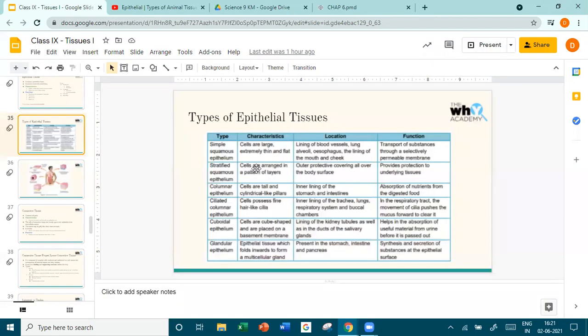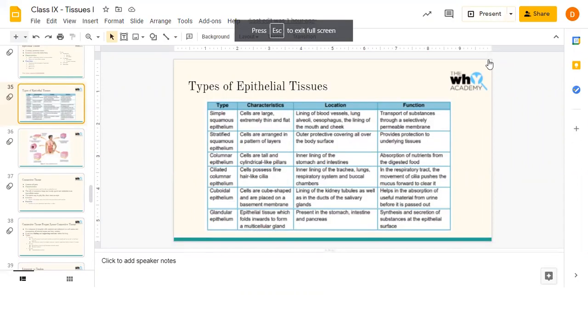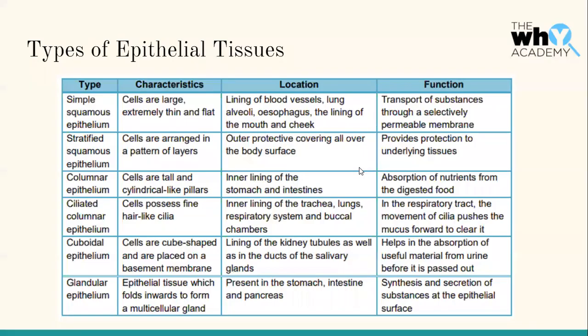So the most important type of question you will get here would be questions like, which type of epithelial tissue is the alveoli, right? So if you look at the location column, the most commonly asked question from this part of the chapter is this.